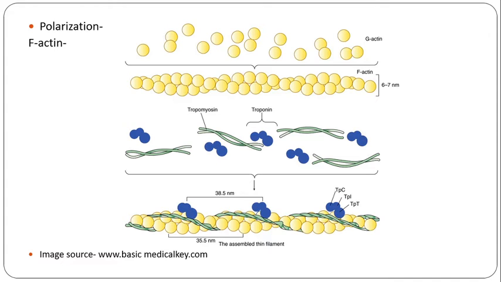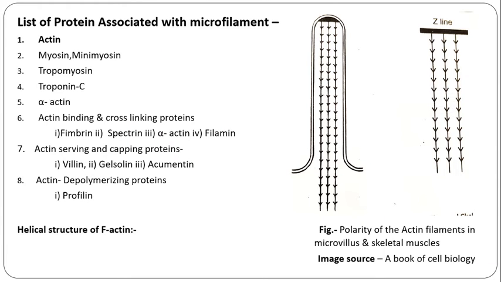So, assembling the thin filament. The actin has a structure very similar to muscle actin, forming a 6 nanometer wide microfilament consisting of a double helical array of globular actin molecules. See in this diagram the helical array of globular actin molecules.